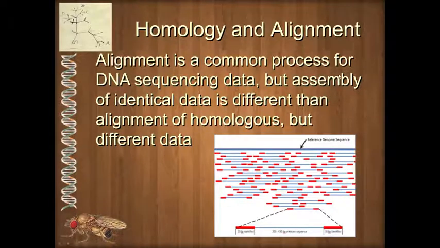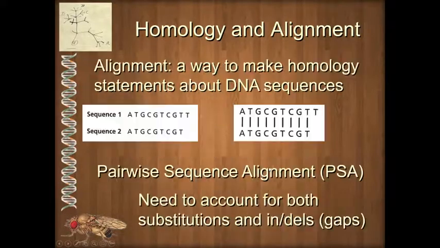Now, alignment is a common process for DNA sequencing data, and it can be more and more problematic. So this is done when we're assembling genomes. It's basically an alignment issue. Now with genomes, it's not as much of an issue because we're sequencing the same parts of the genome over and over again, and we'd expect them to be identical with maybe some allelic variation, right, if we're looking at both copies of the genome, but very, very little variation compared to when we're looking at homologous sequences between different species.